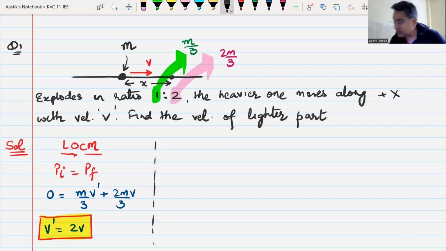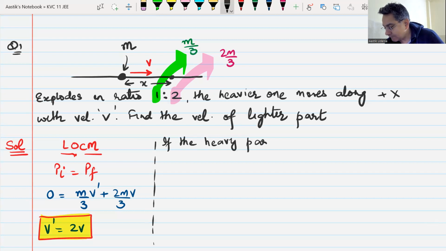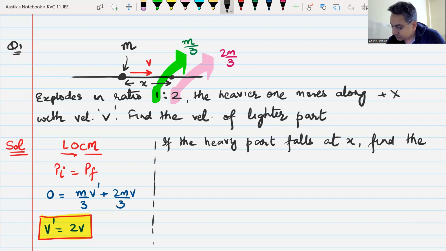Find the position of the lighter particle. If the heavy part falls at x, find the position of the lighter particle.